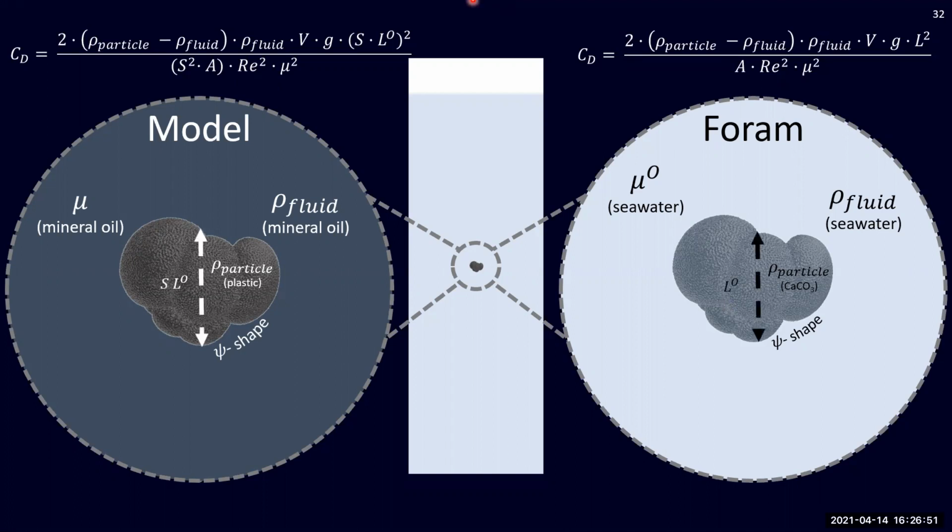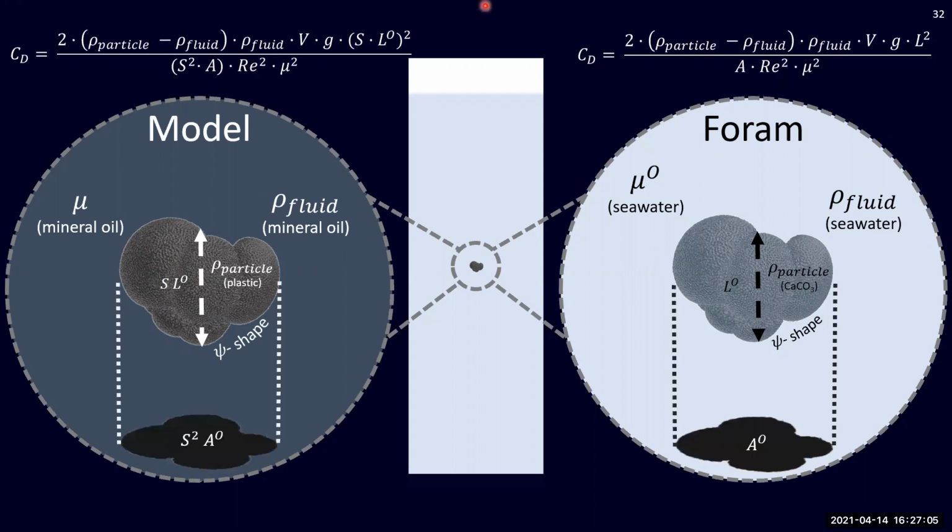And then we have the characteristic length, which is in the direction parallel to the sinking. For the model, it scales as a scale factor times that length. Area, again, we can measure the projected area, and this scales to the scale factor squared times the area.